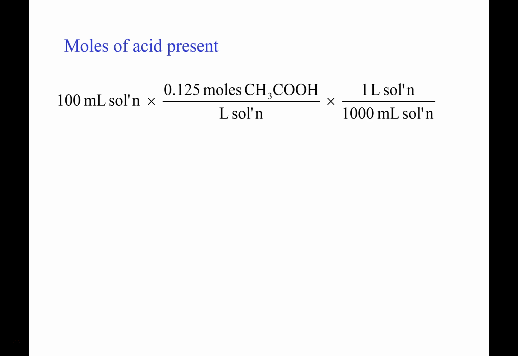Okay, so here we go. Moles of acid. 100 milliliters. Looks like I needed a decimal there. I would put 100 milliliters, I put 1 liter over 1,000 milliliters, and then I would put the molarity 0.125 moles of CH3COOH per 1 liter of solution.